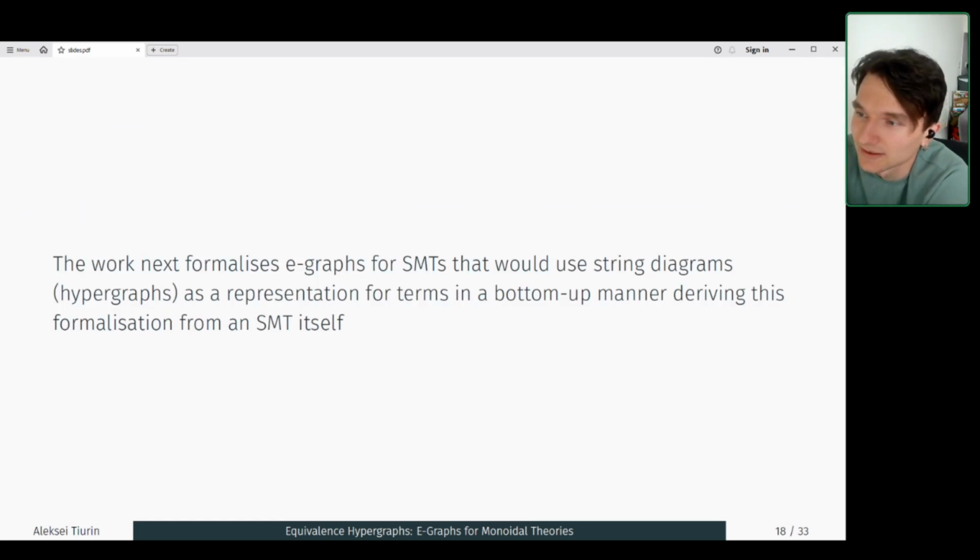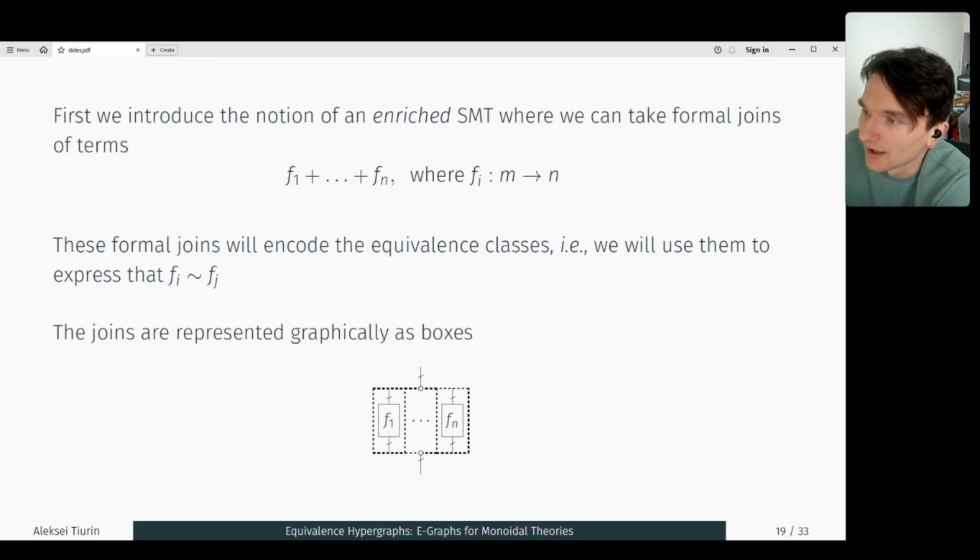And our work, named E-graphs for symmetric monoidal theories, uses string diagrams, in particular hypergraphs, as a representation for terms in a bottom-up manner, with formalization from an SMT itself. So what we did is that we extended the SMTs.